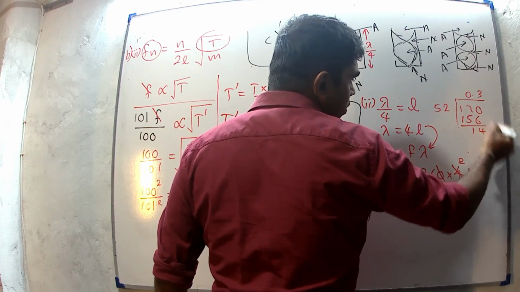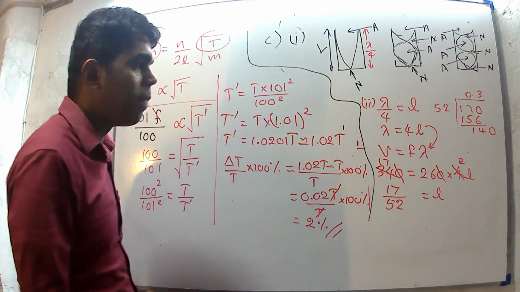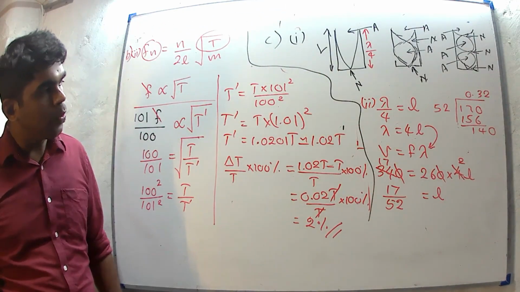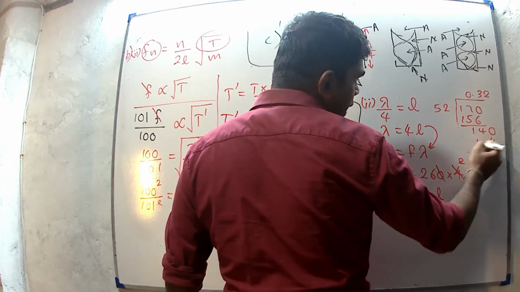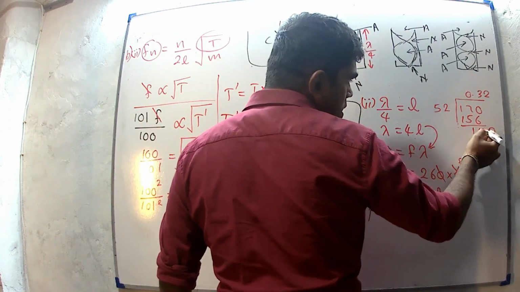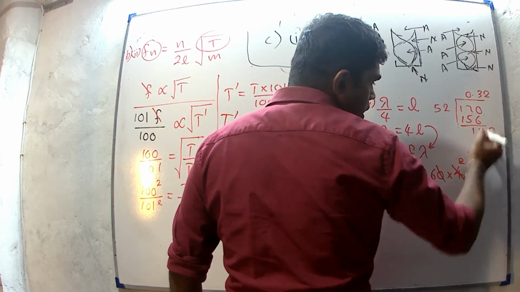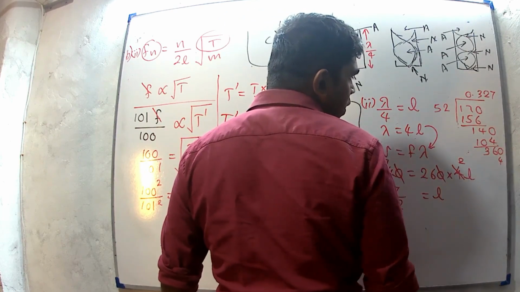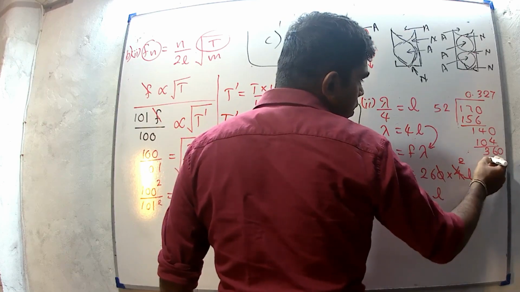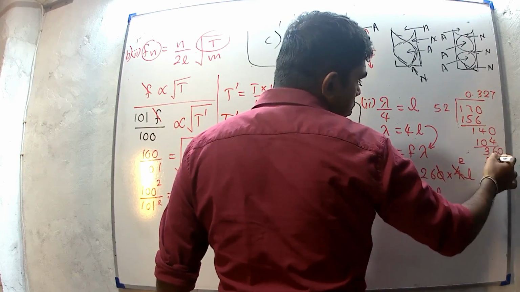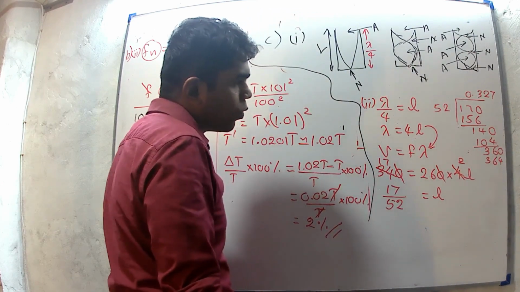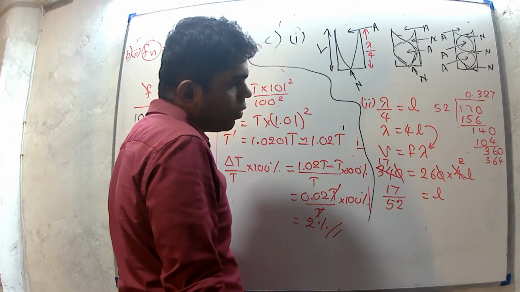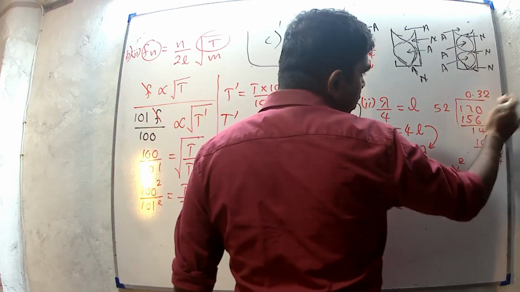Then 140 divided by 52, 2, 0.32. Then 360 divided by 52, 7, 7 into 2, 14, 1 remaining, 7 into 5, 35 plus 1, 36, 364. Then we have to get 6.